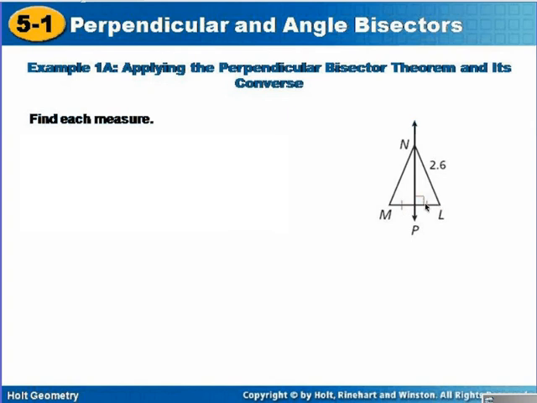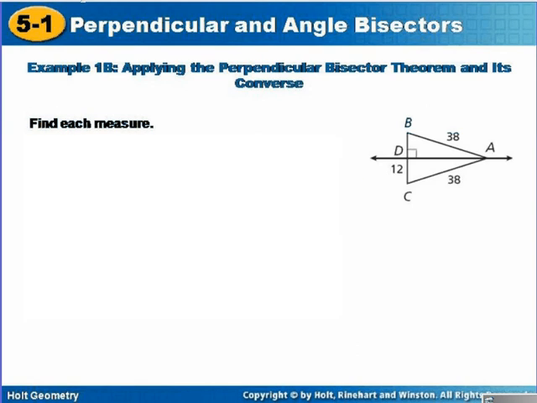So the distance from the endpoint L up to N should be the same as from the other endpoint M up to the same spot N. So if this length is 2.6, then the other side of the triangle should also be 2.6. Pause now to record this in your notes or on a separate sheet of paper.